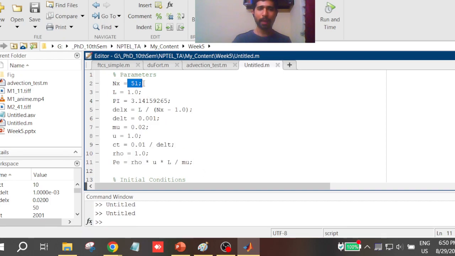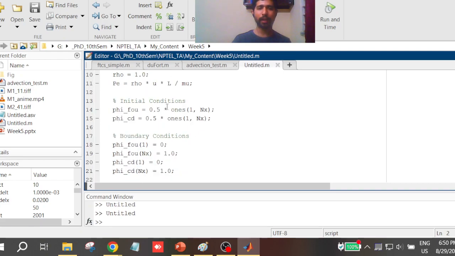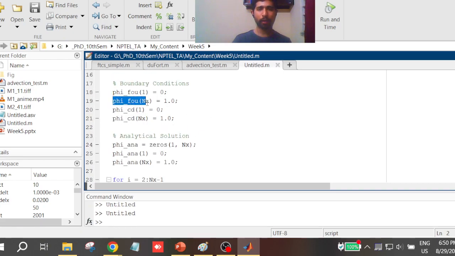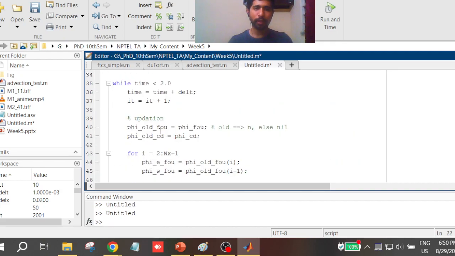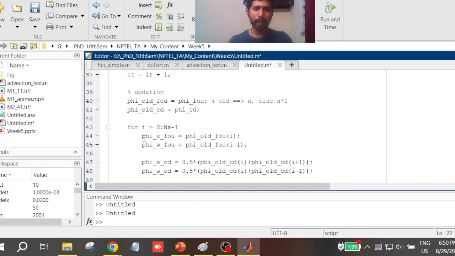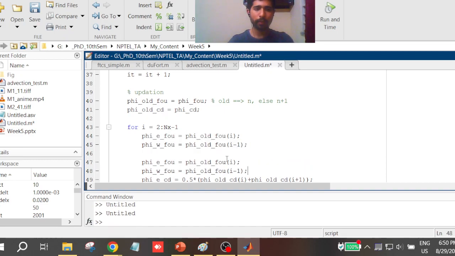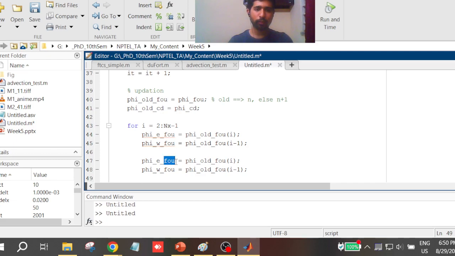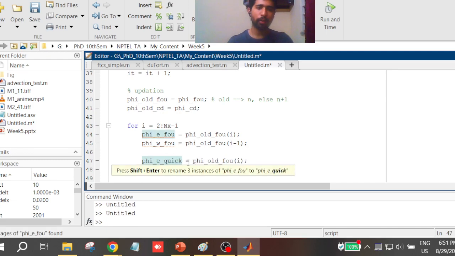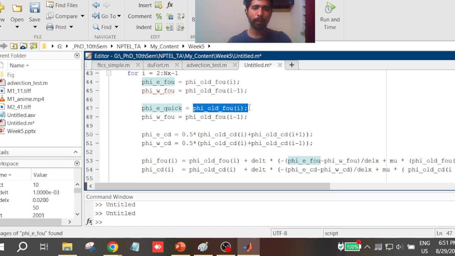Set the parameters to whatever was there in the weekly content, and apart from first order upwind and the central difference, you should also include QUICK. What change do you have to make? It is very easy: for phi e of FOU and phi w of FOU, just copy paste this, and instead of FOU, write QUICK. Then you have to write this equation appropriately.